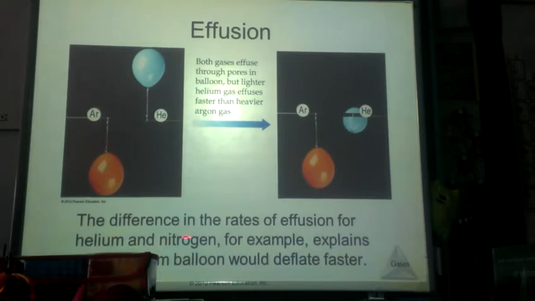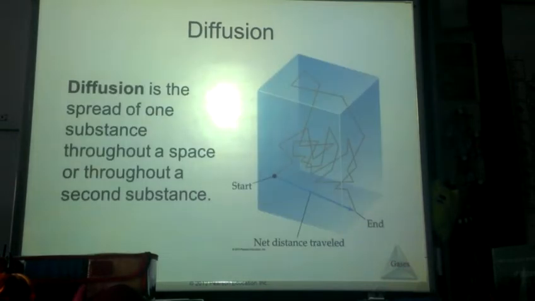In this case it says nitrogen, but it should say argon. So I have helium and argon. A helium balloon is deflating much faster here after a specific amount of time than argon is, because helium atoms are so much lighter, they're able to effuse much more quickly.